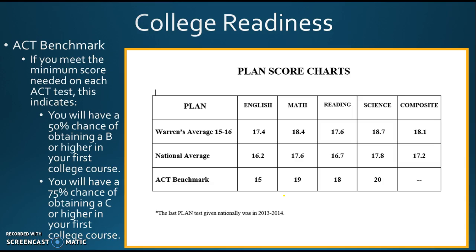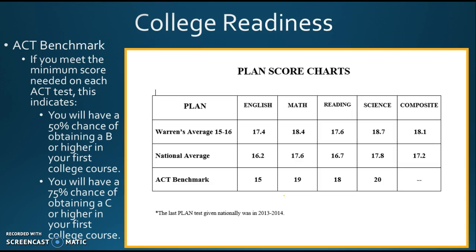It also indicates you will have a 75% chance of obtaining a C or higher in your first college course for that specific subject. If your score is below the ACT benchmark, you may want to work on this subject's skills to improve your scores and class performance.